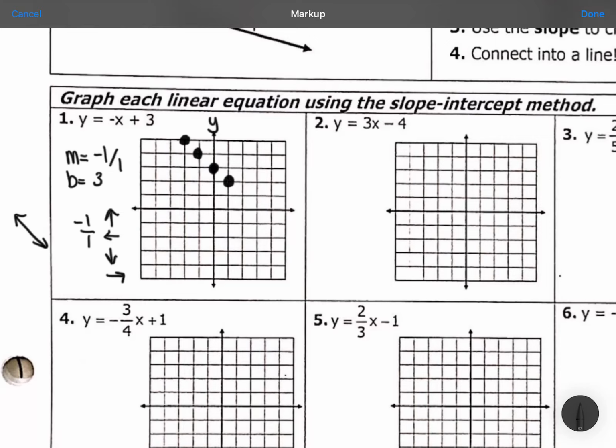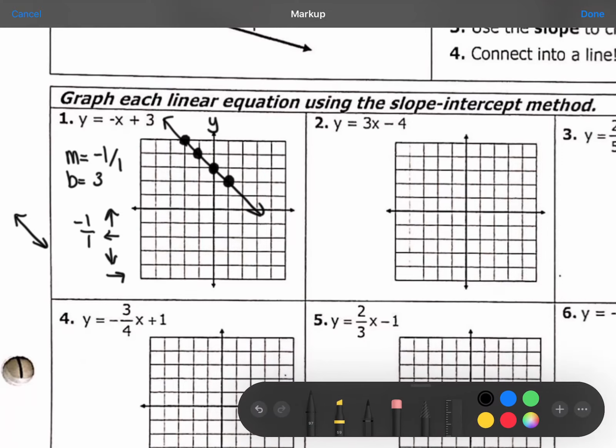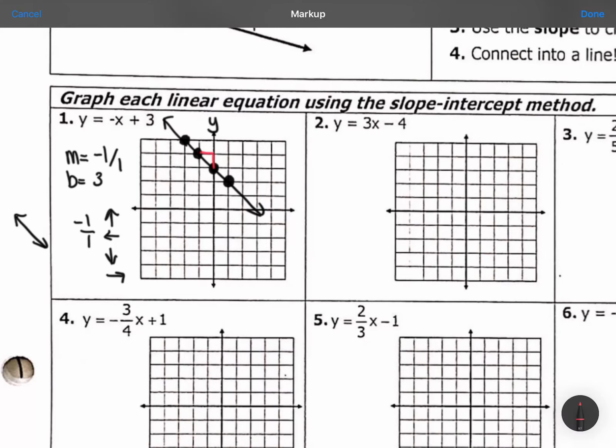And you should notice that you have dots that make a line. And really, if you have 2 points, that's probably going to be enough. So again, I went up and to the left because it was negative. Or you can go down and to the right because it's negative, as long as you have a line that rises to the left when you have a negative slope.